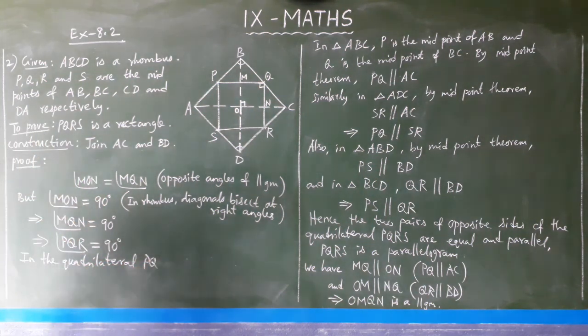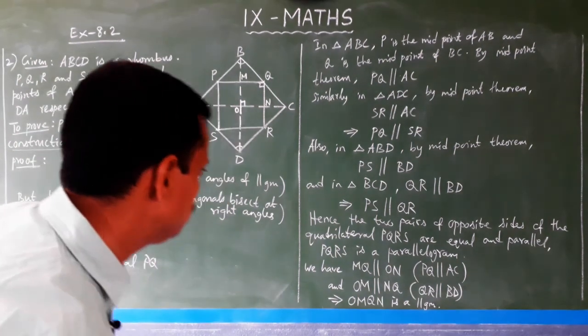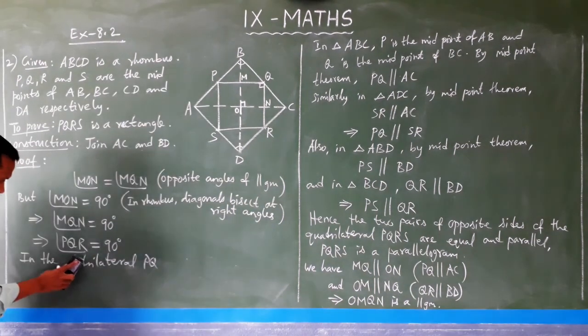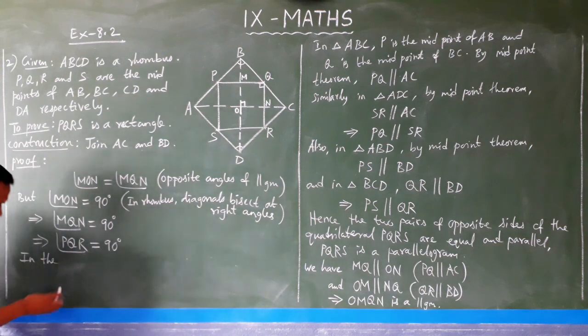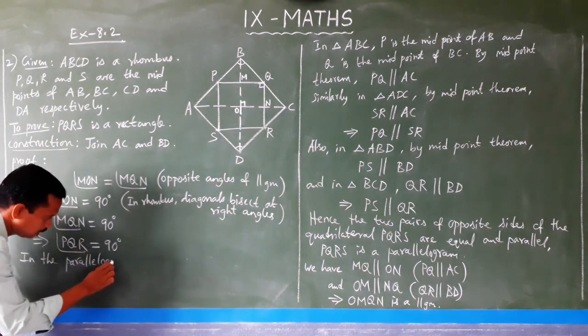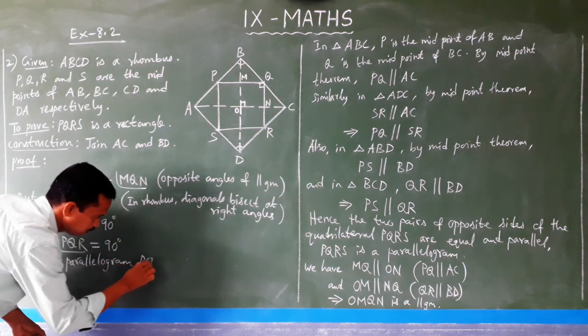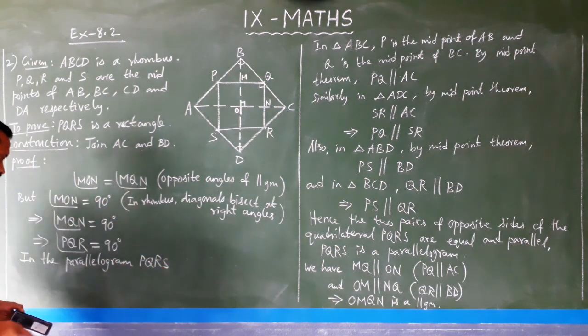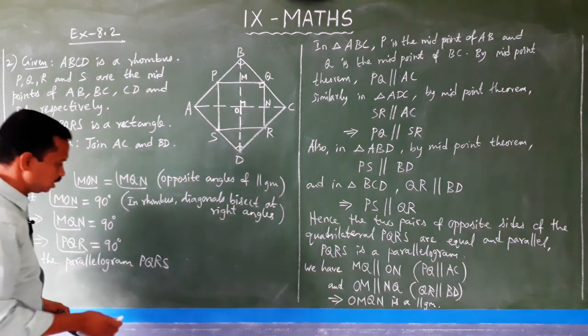now the parallelogram. Already we have proved that PQRS is a parallelogram. So in the parallelogram PQRS, the opposite sides are equal.